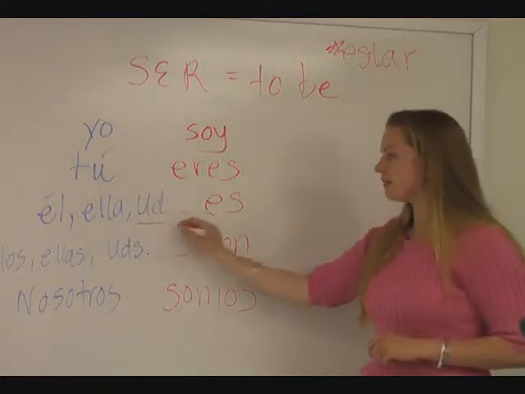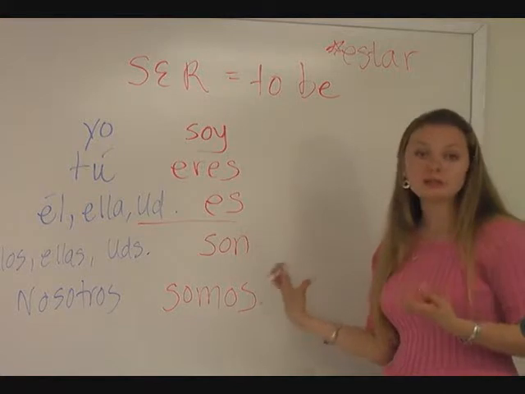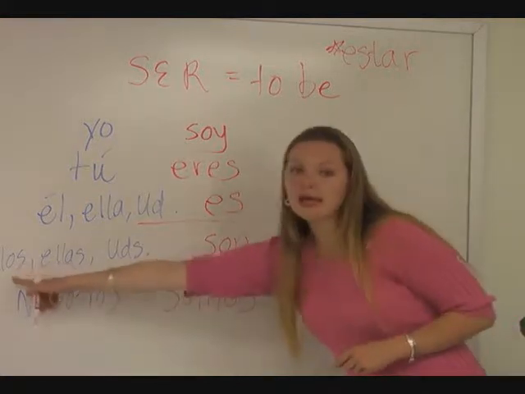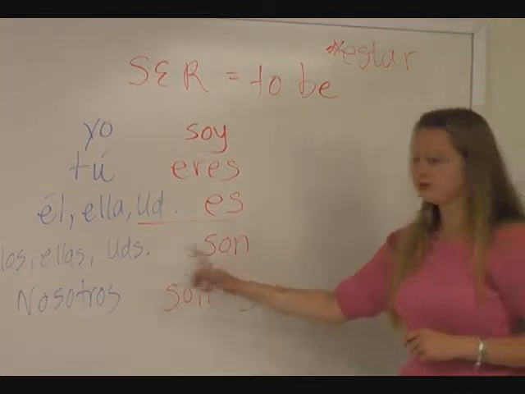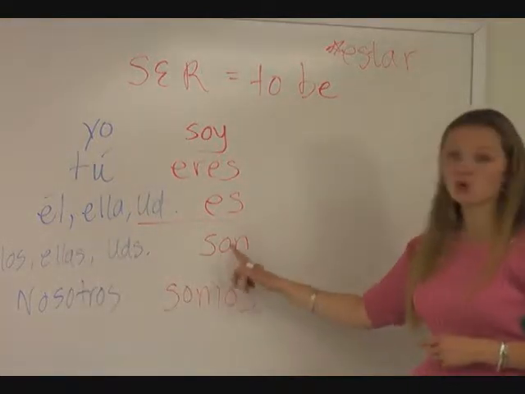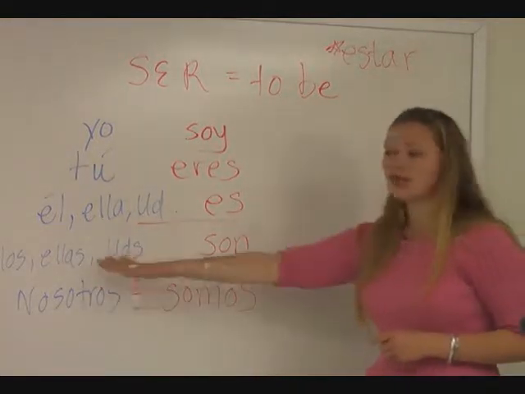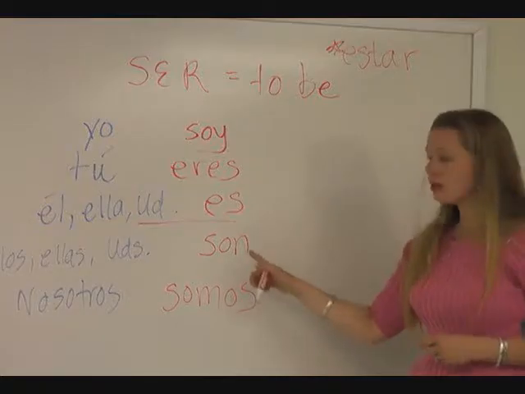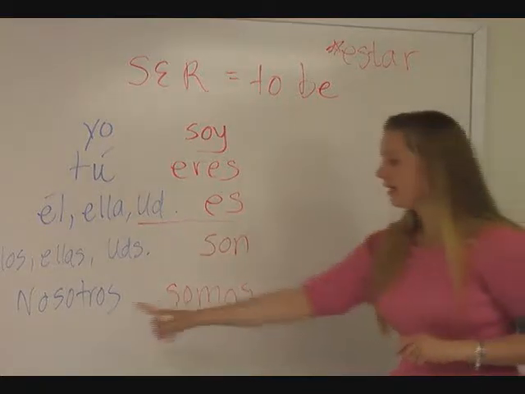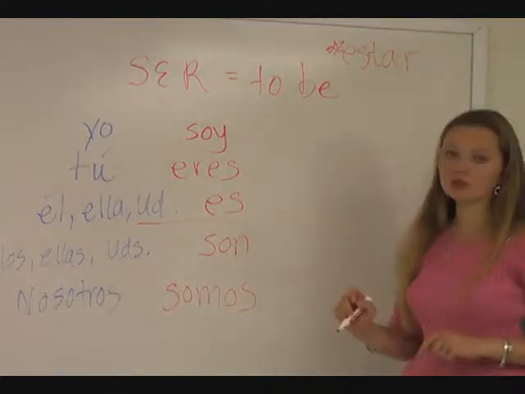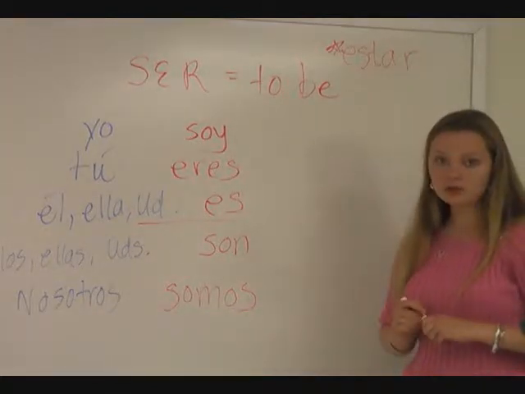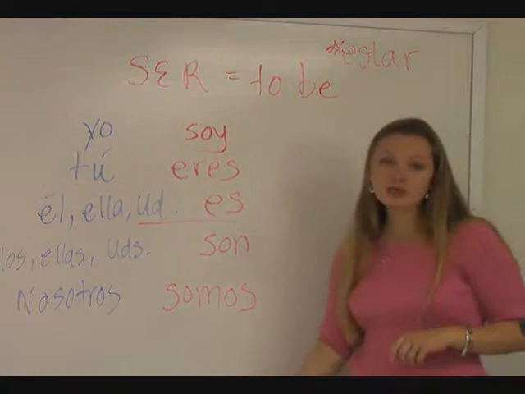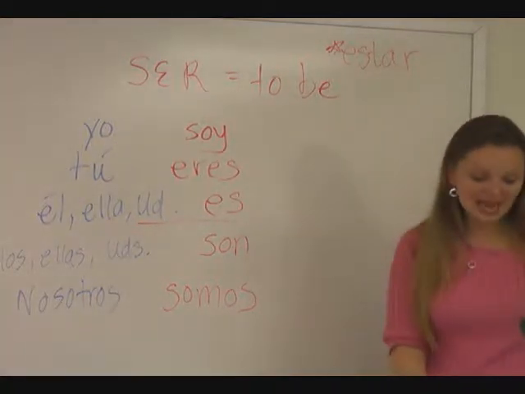So it technically means you are, but it's in the respectful form. Ellos son, ellas son, and ustedes son. This is the 3rd person plural, therefore they are or you all are. Nosotros somos means we are. Así que estas son las formas de ser.